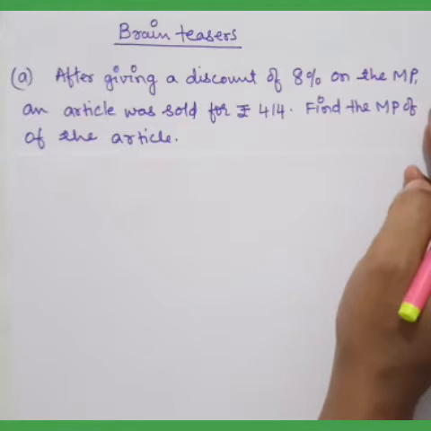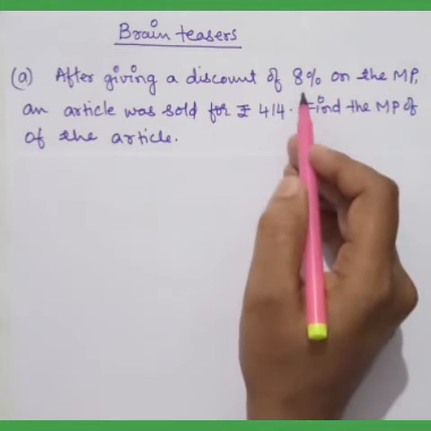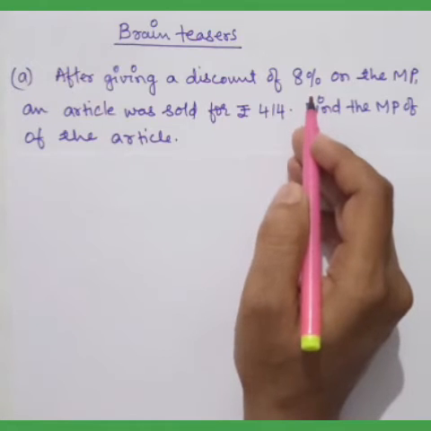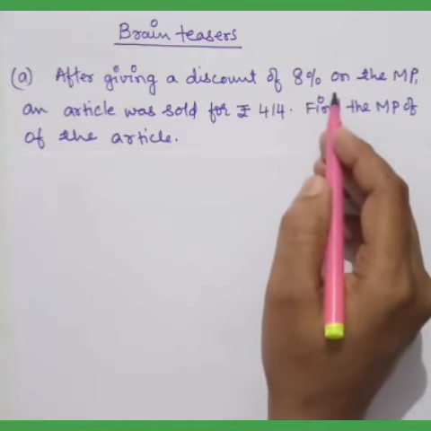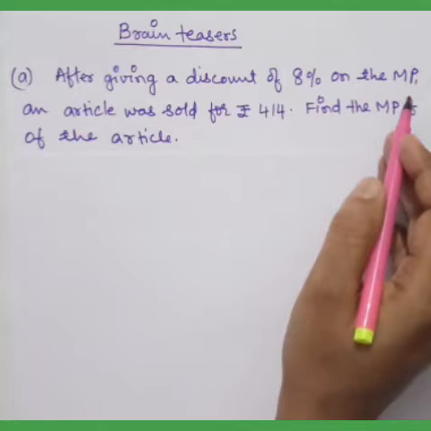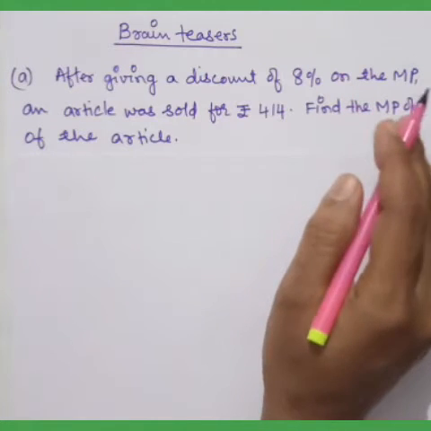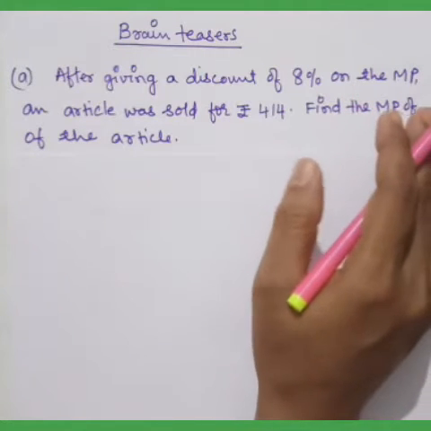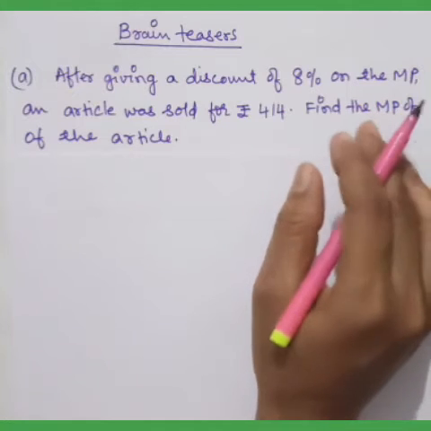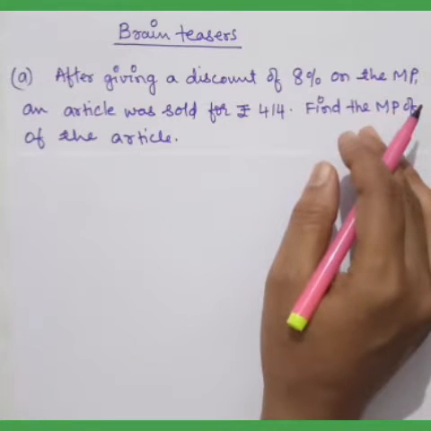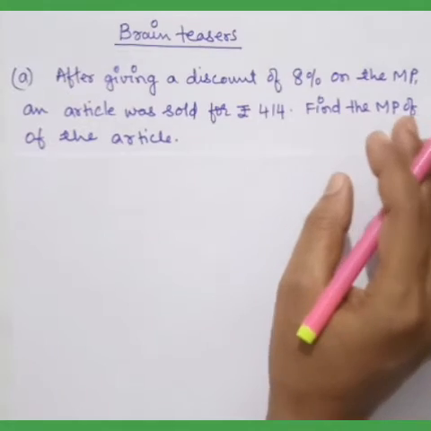That is known as MP. Now, the shopkeeper is giving 8% discount. That means whatever is the 8% of that tag price will be reduced from the article cost. So, you will get that article in a little less cost.